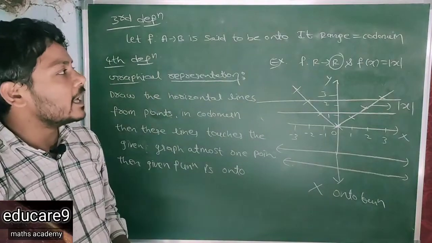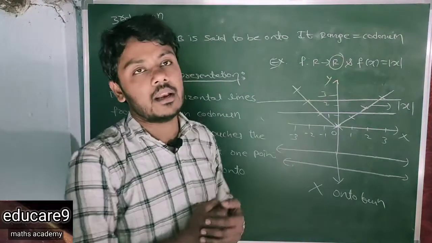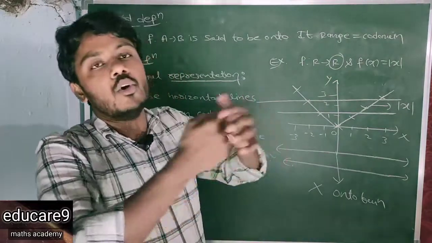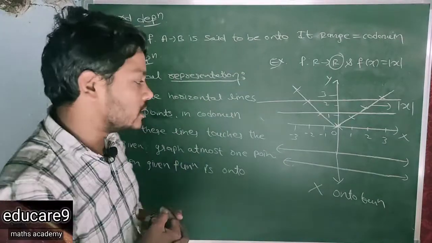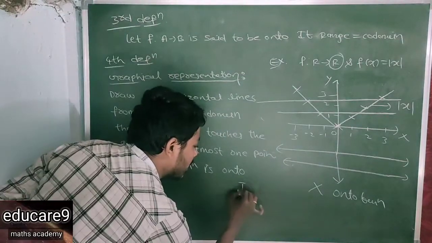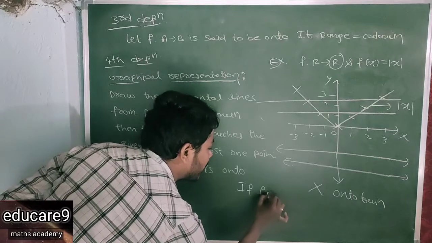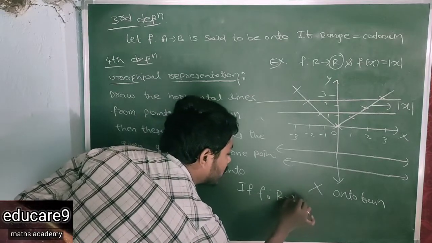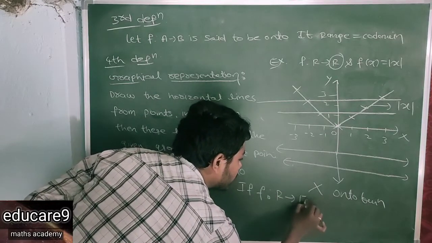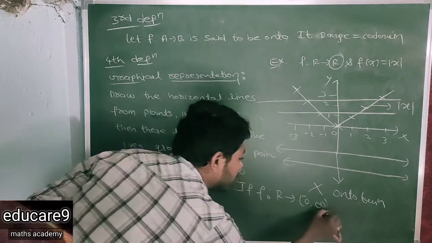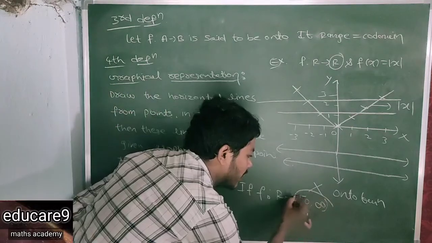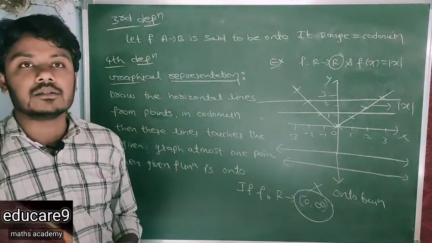But here we can restrict the codomain from R to positive values, that is, f from R to the closed interval 0 to infinity. See here, the main values are positive values.